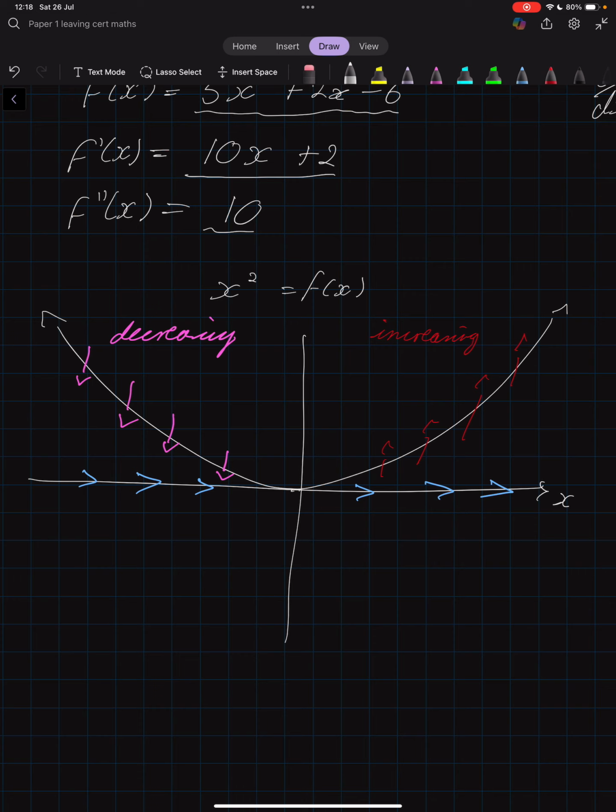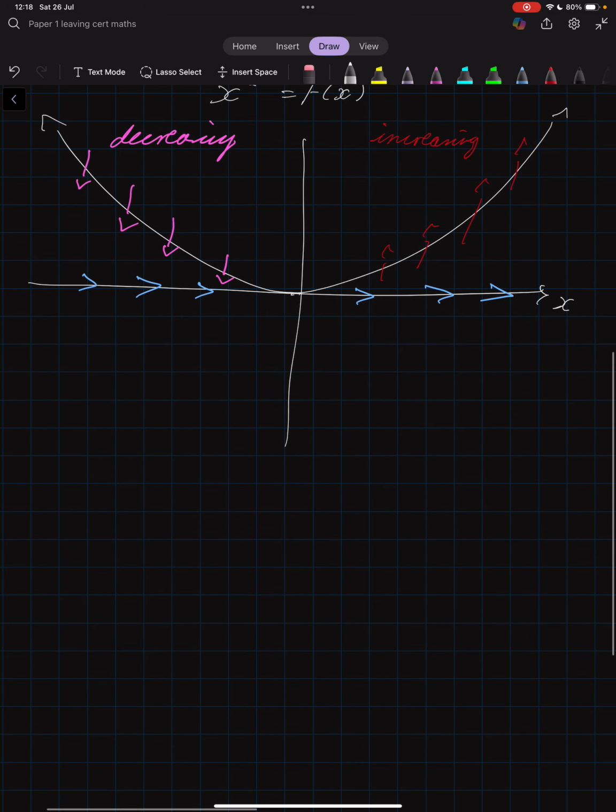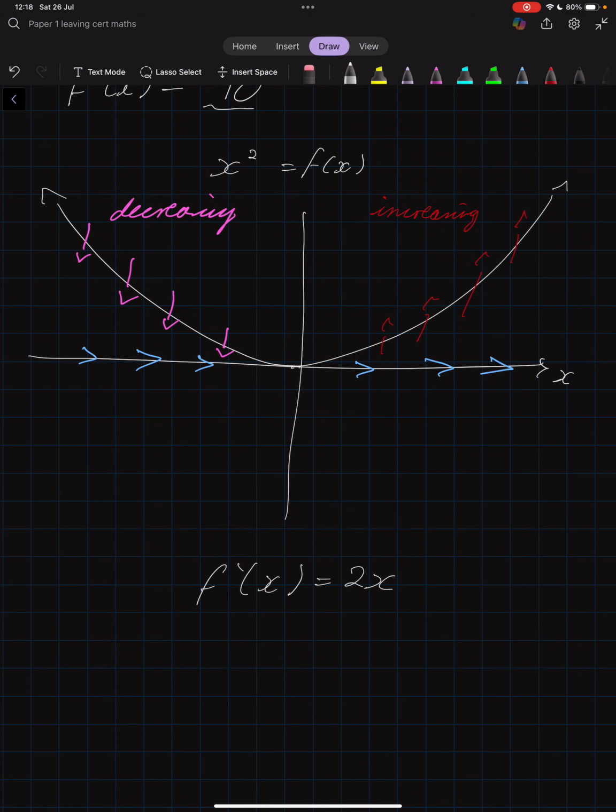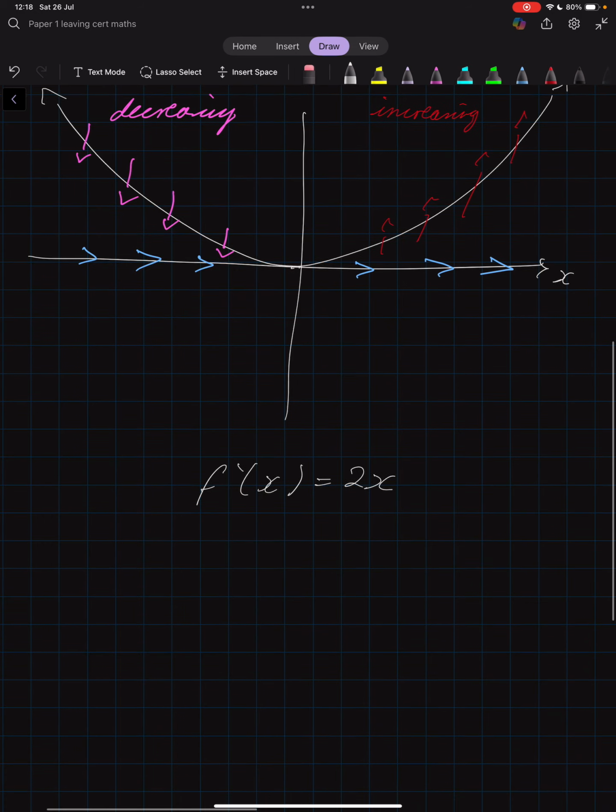Fairly obvious, but we can also use derivatives to figure this out. If I take f prime of x, it's just going to be 2x, since the derivative of x squared is 2x.